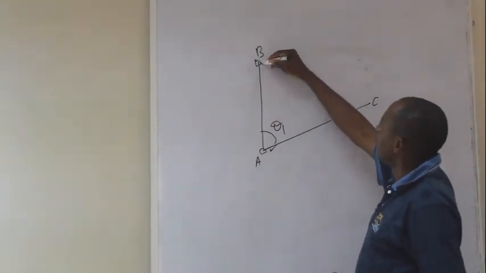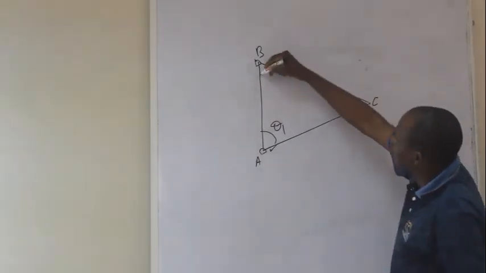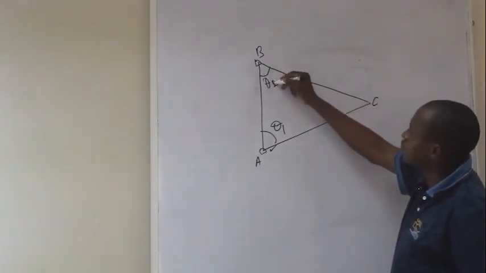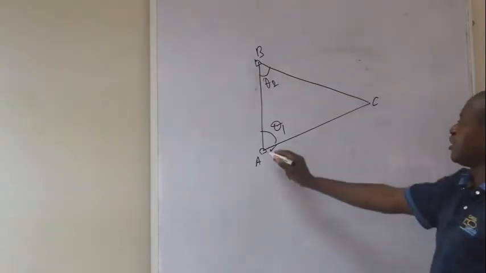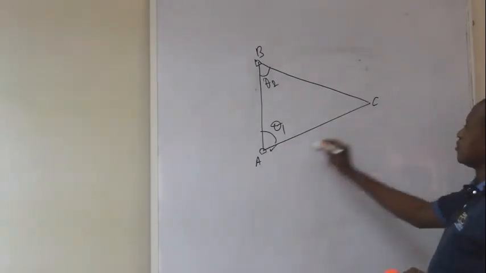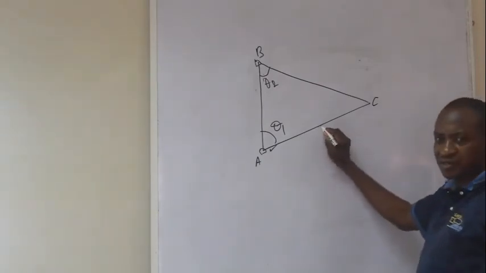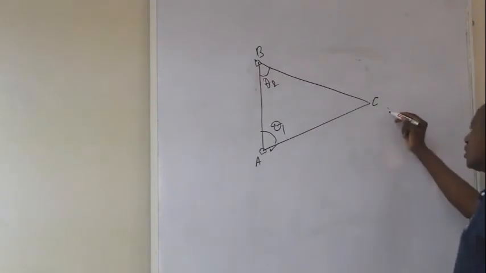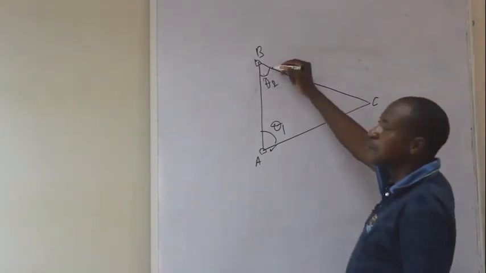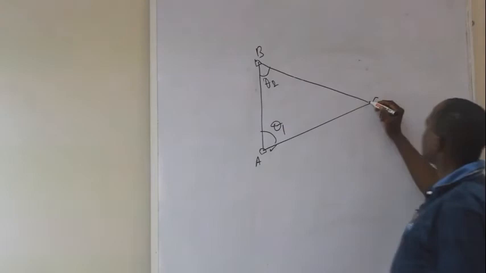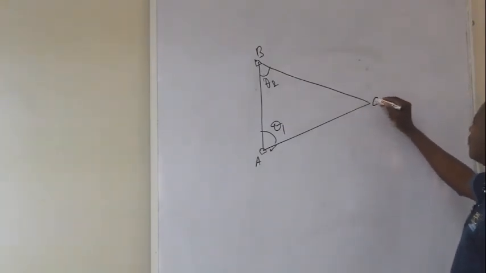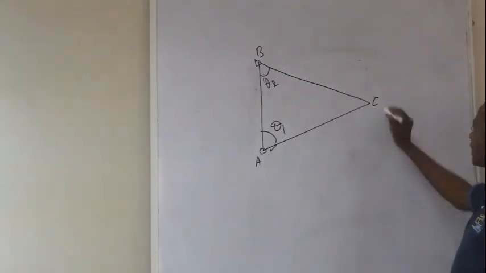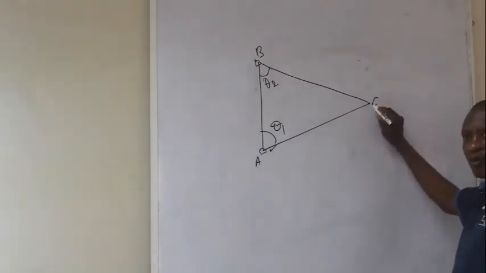You also measure the angular separation of this line from this line. Call this one θ2. When you shoot a ray from here to this line, you just draw it like that. You don't bother yourself about distance. And from here, you will also shoot a ray to C, knowing the angle between here and there. The intersection of the rays will meet at point C, because you are targeting just one point C.